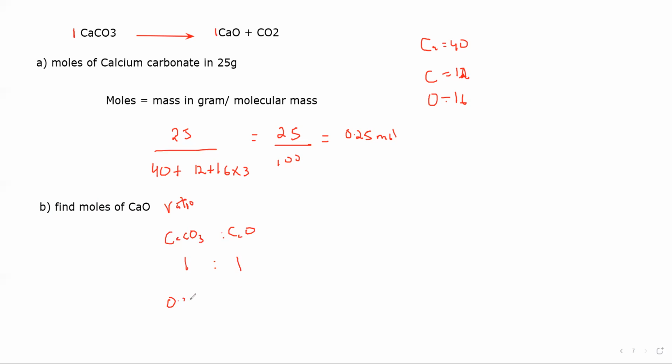So if you have 0.25 moles of calcium carbonate, how many moles of calcium oxide will be there? X. So it will be the same amount, 0.25 moles. If the ratio is the same, like 1 is to 1, then you will get the same answer.